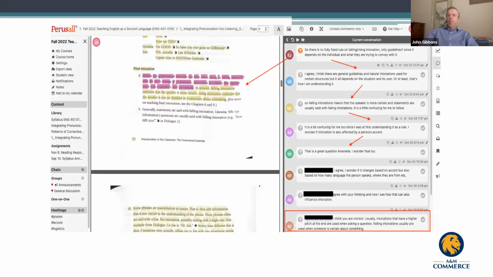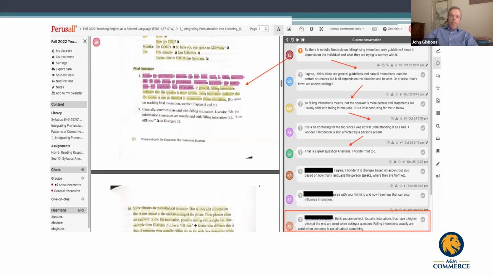Again here, this is a good example of really what I was looking for when I first started to use Perusall. This is the sort of interaction that I really would like to see out of my students, and I saw it quite frequently. So you have a student come in, they have a question about what final intonation is, they highlight it, and then you have a number of students in this particular thread going back and forth answering, talking about what fixed rule of intonation following rising intonation is, are there any guidelines, fixed rules like that.